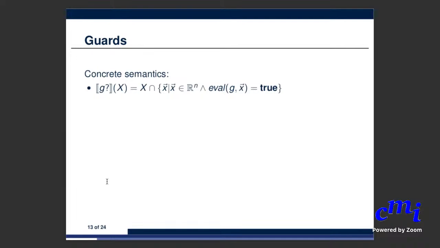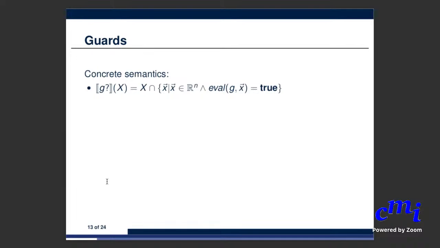Given any X, here I'm assuming X is ranging over real numbers. It includes the set of all X for which G on X, which is the vector, evaluates to true. So before you evaluate this expression, you have a set of values.